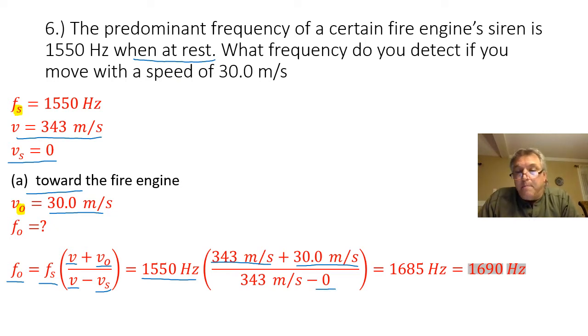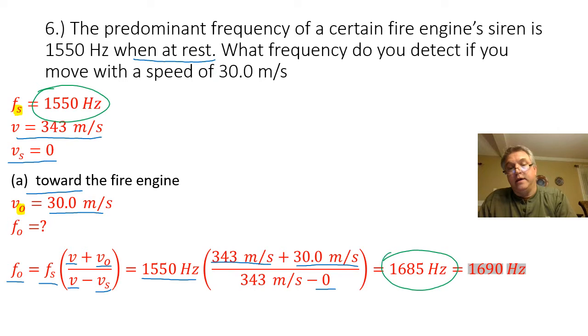When I do that math out, I'm going to get a frequency of 1,685 Hertz, or 1,690 Hertz, rounded to 3 sig figs. So although the siren is emitting a signal at 1,550 Hertz, I'm really detecting it at 1,685 Hertz because of the relative motion between the observer and the source.